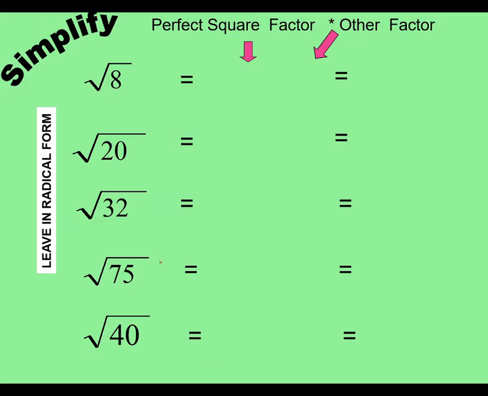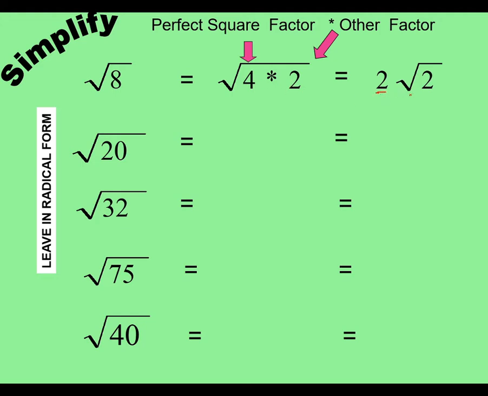So, simplify. The square root of 8. Ano ang perfect square para sa 8? Siyempre, 4. So, 4 times 2. And then, what is square root of 4? Is 2.